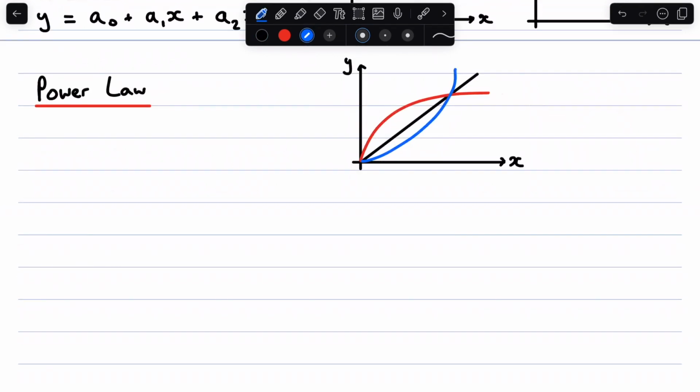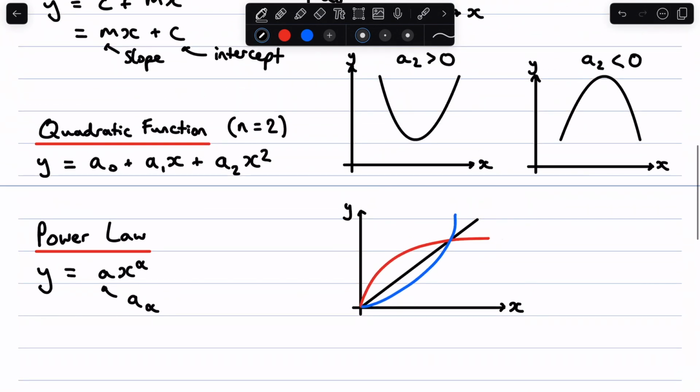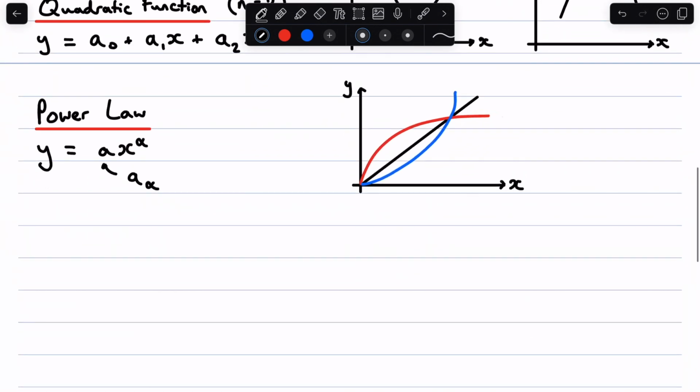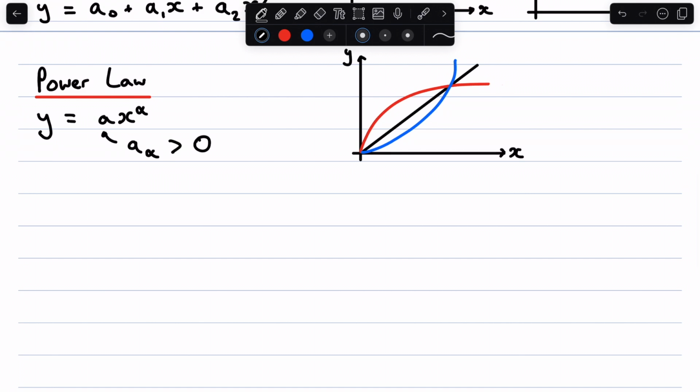Now let's look at power laws. We could write this of the form y equals a x to the alpha. And this a is technically a of alpha, like we had a1 for x to the 1. We're assuming that a alpha is not 0, and it's a positive number as well.